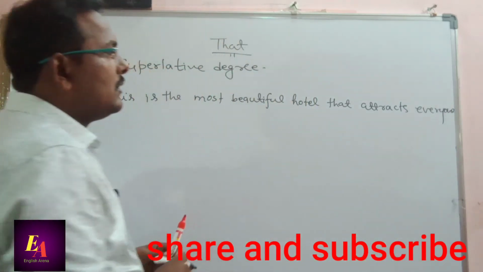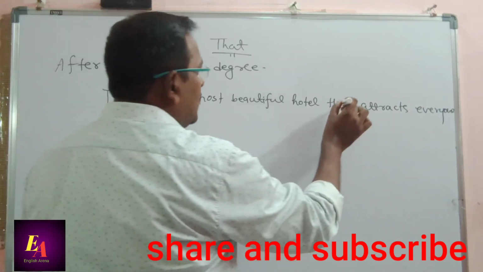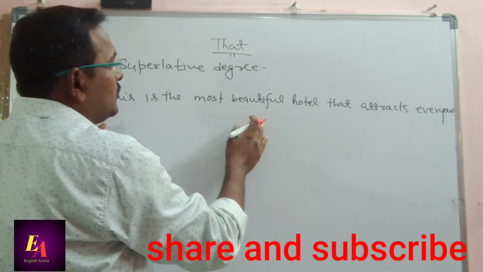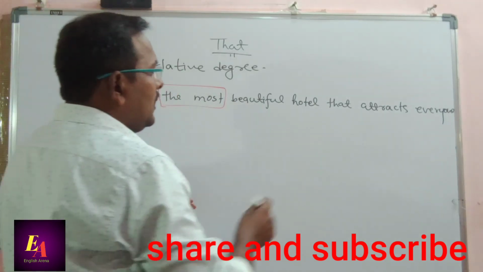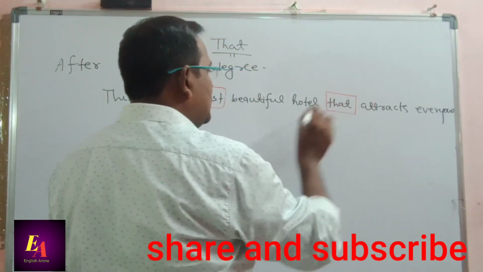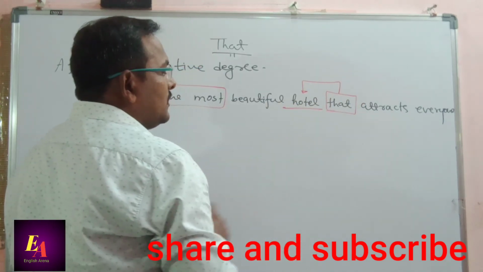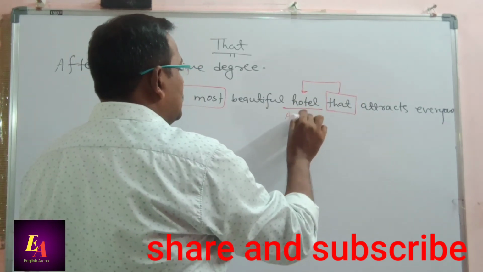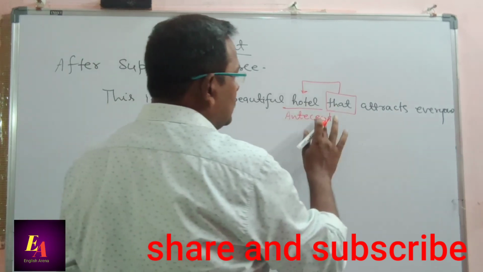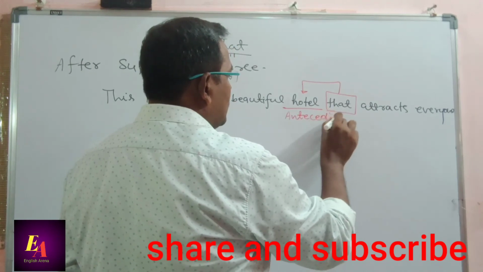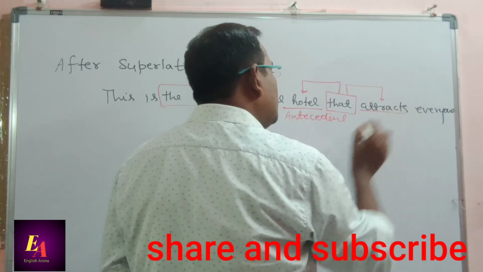That attracts everyone. In this example, the most is the superlative degree of the adjective, and that comes after its antecedent hotel, and it comes before the main verb.